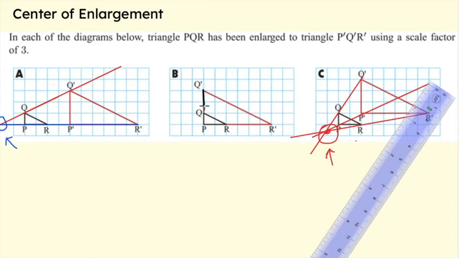If I made a line, and let's do that in maybe a dot, if I made a line from here, Q prime goes through Q and connects down where P's at. If I make the line here, well, they connect there. And so our center of enlargement is actually exactly that point where P was at. Okay, so if you have a point that was already on your center of enlargement, that point's not going to move.